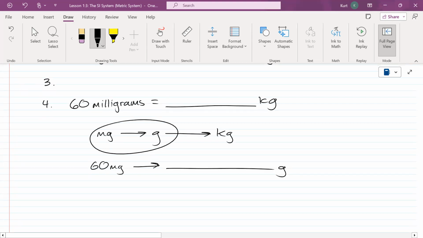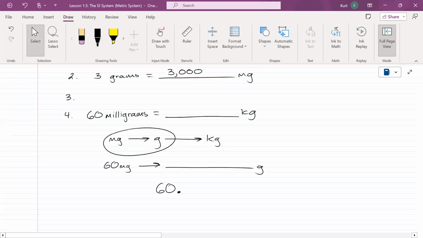Is a milligram bigger or smaller than a gram? A milligram is smaller. So when we're going from milligrams to grams, here's my decimal right there. Do I need to shift my decimal to the left or to the right in order to convert milligrams to grams? Oh, I hear both.